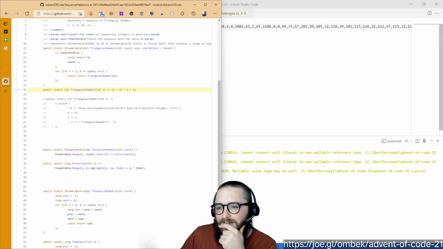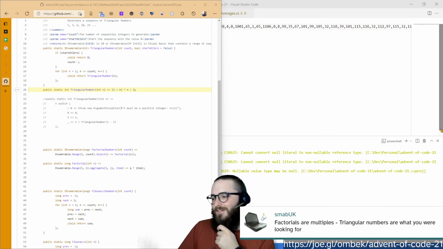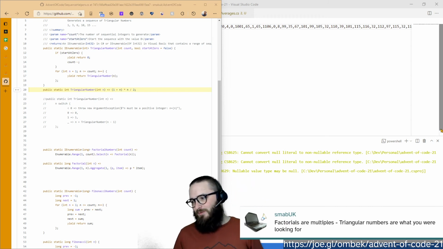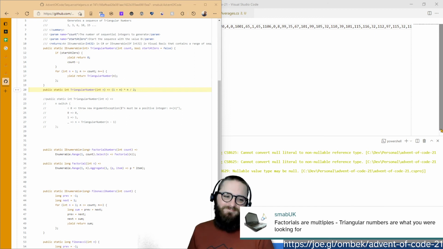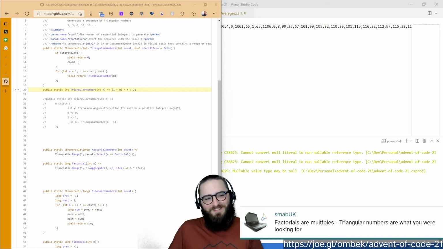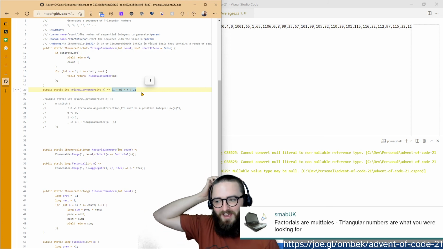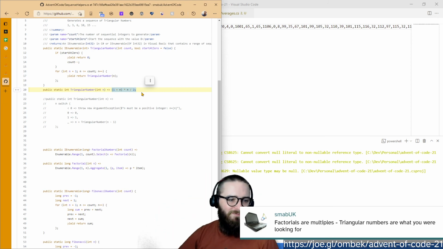Factorials and multiples, triangular numbers are what I was looking for. Okay. Good job I didn't copy the code for that then, isn't it? Good job I just looked at it for inspiration and then wrote it myself. But yeah, that's a simpler formula. So I could have simplified that a little bit.